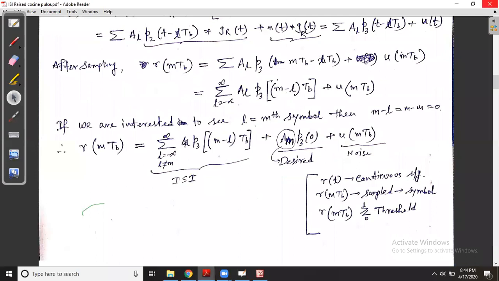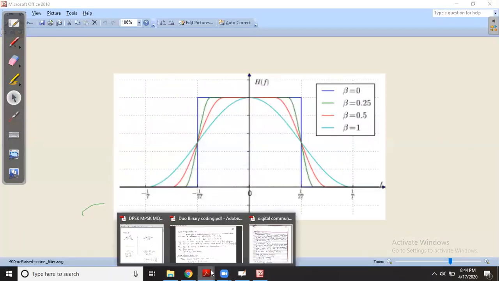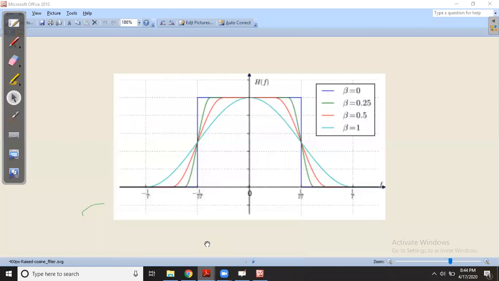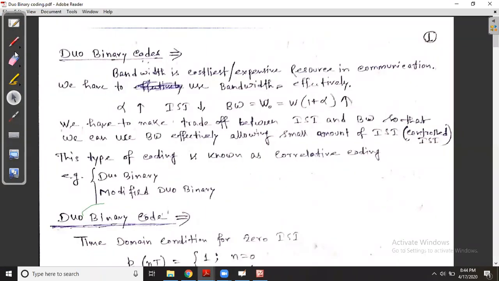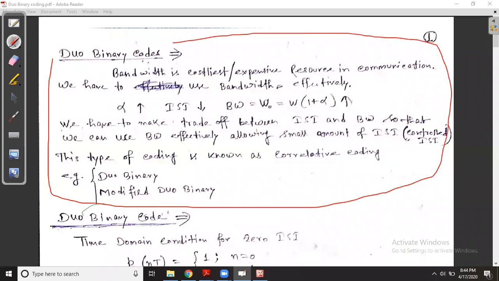One more thing, the next topic is the duobinary pulse. The explanation I told last time, again I am telling. Just now I told the same thing, that increment of the value of alpha will give you the desired thing, which is less ISI, but the undesired thing, which is required bandwidth, also will increase.